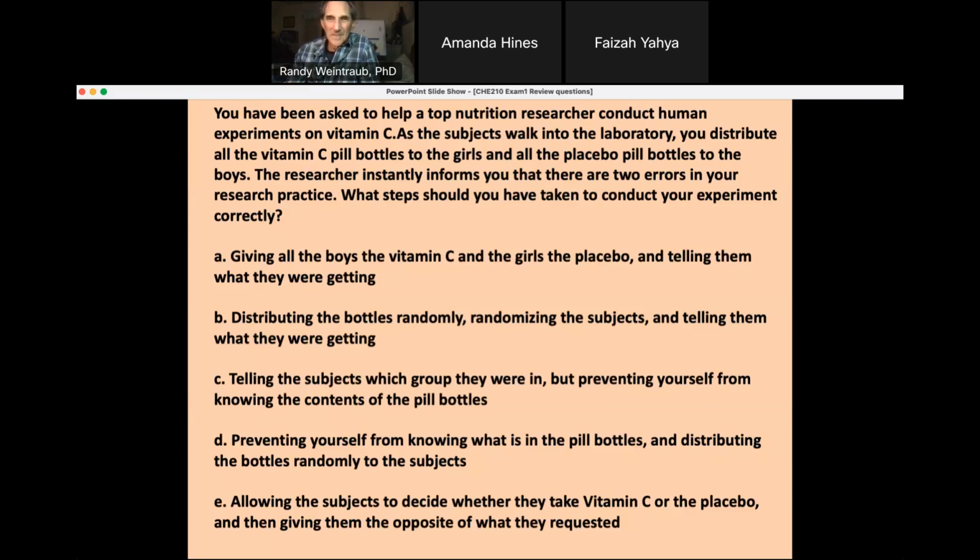That means no bias in selection of the subjects. And clinical trials are best to be blinded, so there's no bias, so rule out bias. So preventing yourself from knowing what are in the pill bottles and distributing them randomly to the subjects.